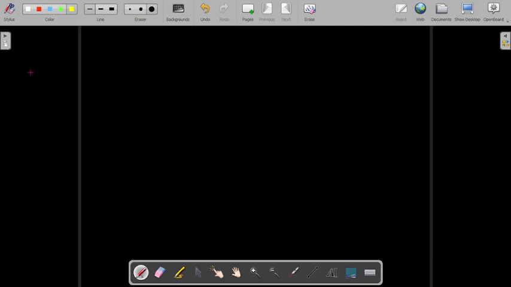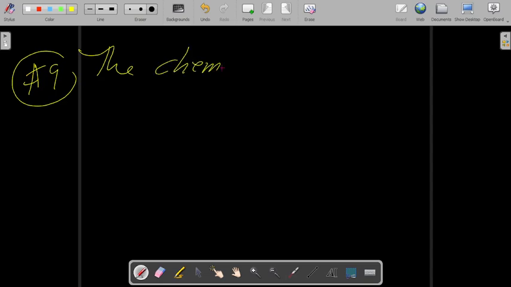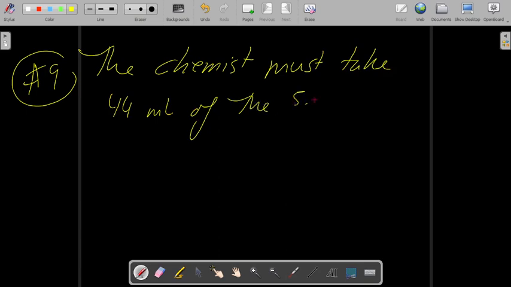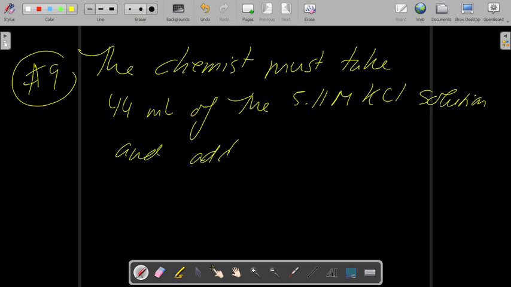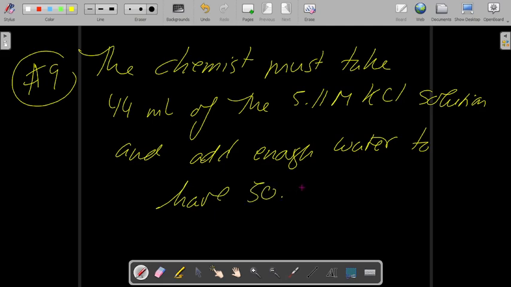Okay, so let me write down, for example, the answer for number 9 will be something like this. The chemist must take 44 milliliters of the 5.11 molarity potassium chloride solution and add enough water, which is diluting, okay, to have the 50.0 milliliters that he needs.